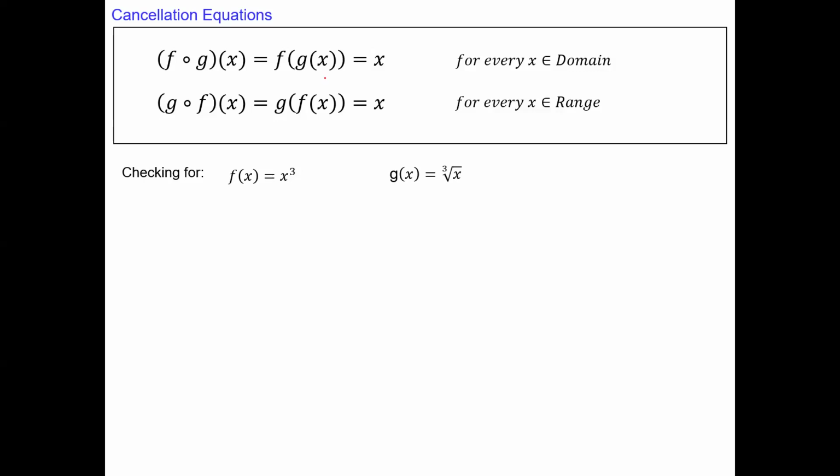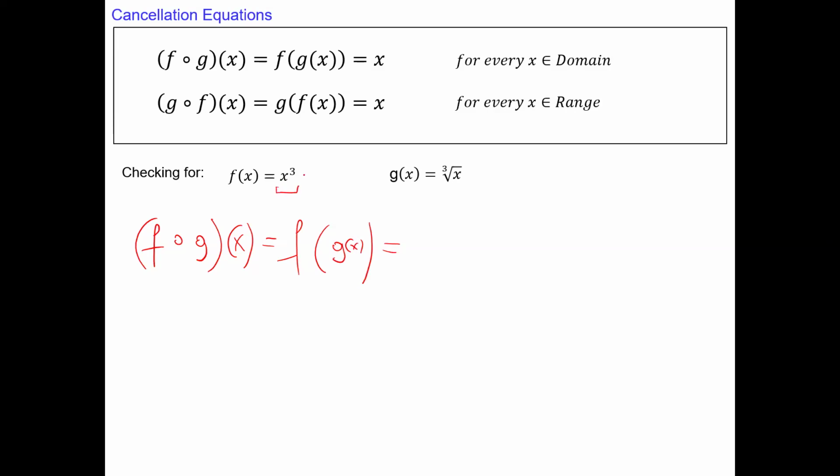That's the cancellation equation: the composition of a function and its inverse results in x. Let's try. f composed with g of x means that function f is the outer function and g of x is the inner function.